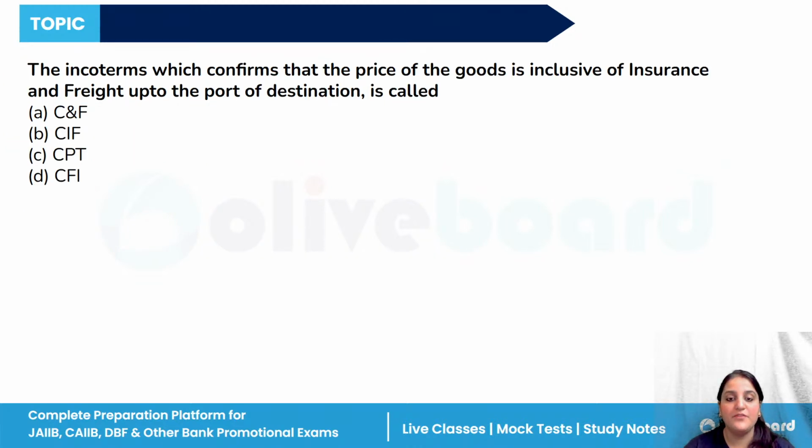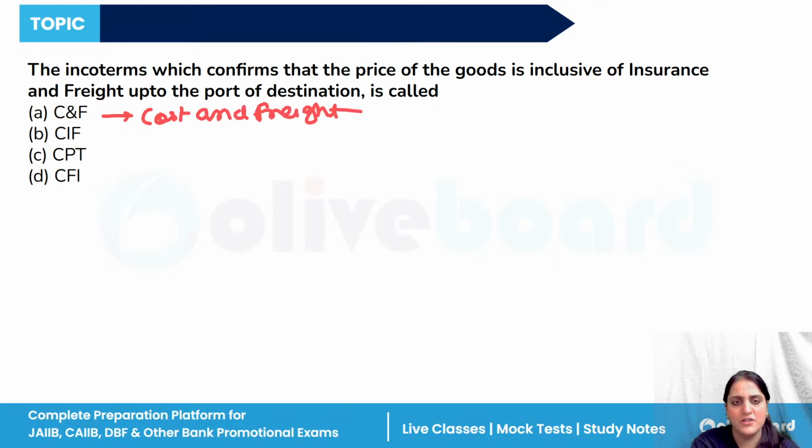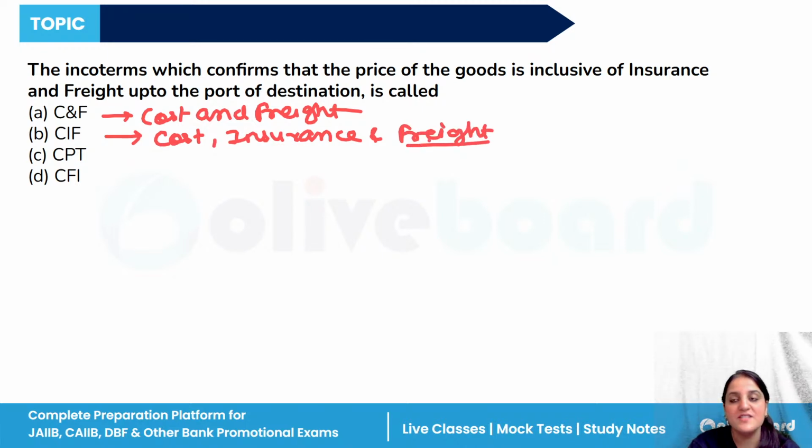The Incoterm which confirms that the price of the goods is inclusive of insurance and freight up to the port of destination is called... See, CNF is basically cost and freight, which does not include insurance. Then CIF, that is cost, insurance, and freight, means the seller pays for the cost of the goods, the insurance, and the freight necessary to bring the goods to the port of destination.